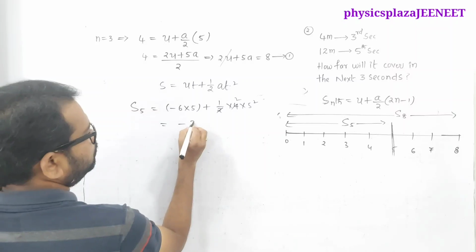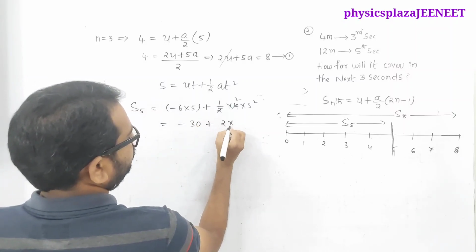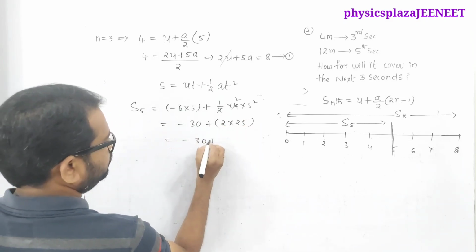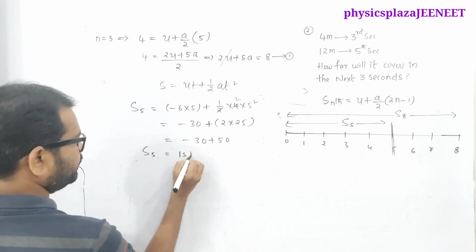So this will be minus 30 plus 2 into 25, so minus 30 plus 50. So distance covered in 5 seconds is 20 meters.